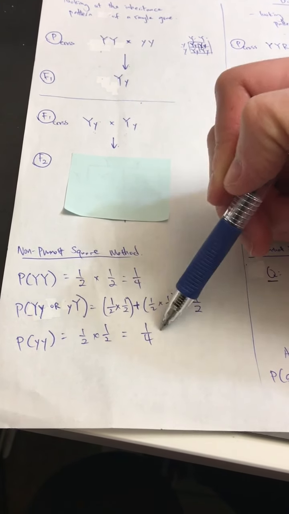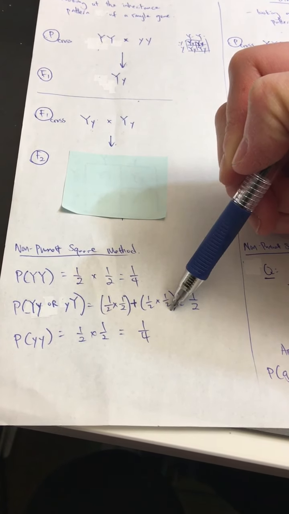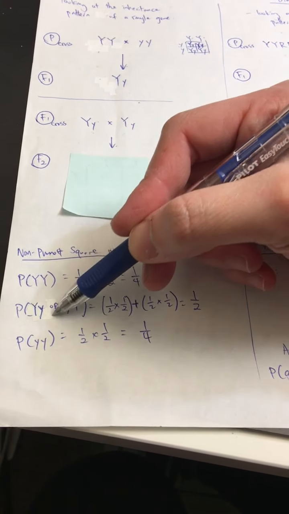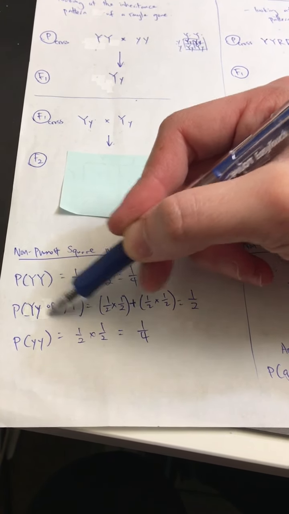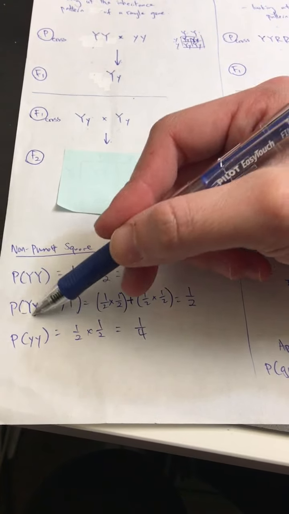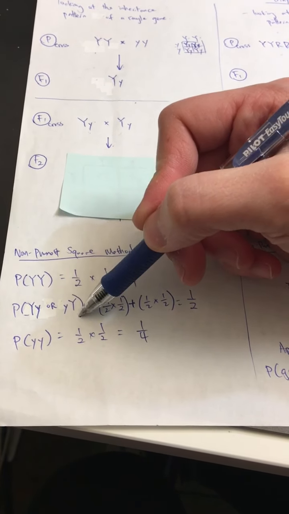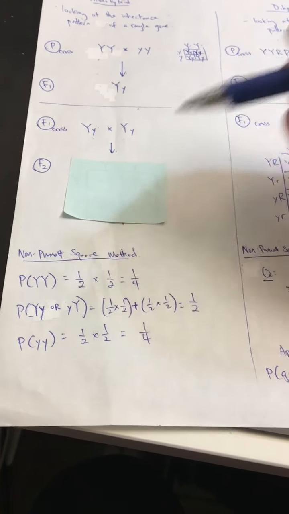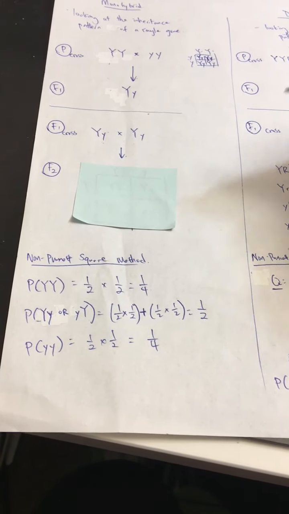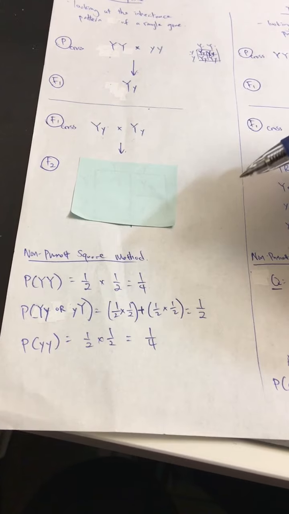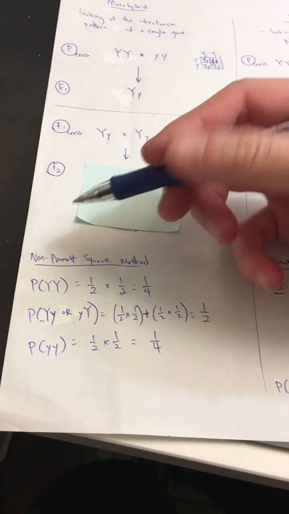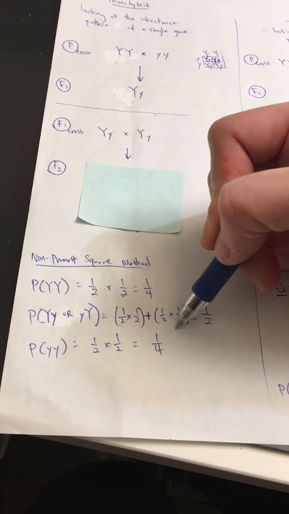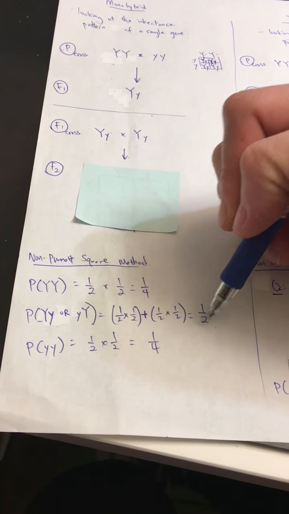With this, that's another 1/2 times 1/2. Because this is a question involving OR, and these two events are mutually exclusive, meaning that they cannot both occur at the same time. I'll go over mutually exclusive events again later. But in either case, you get half.